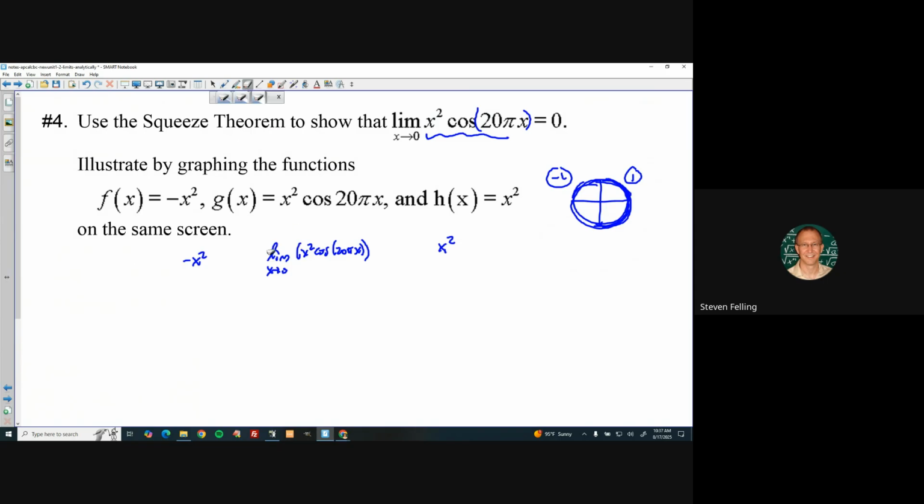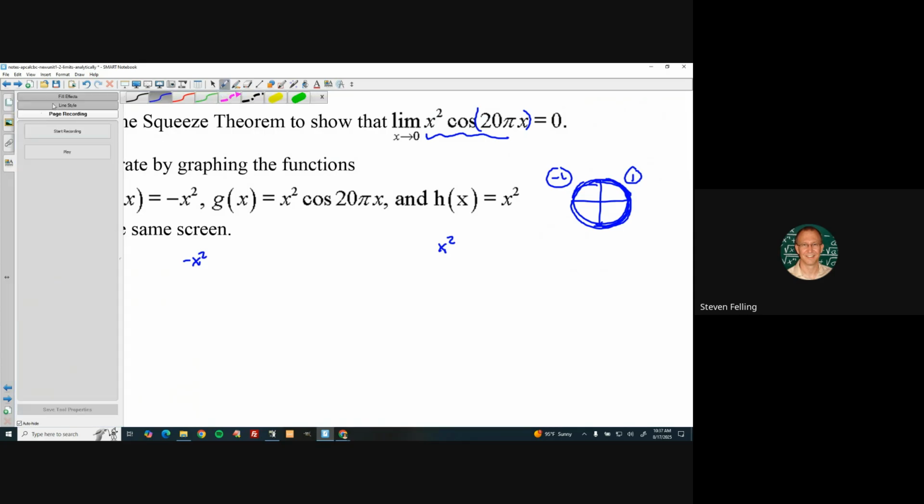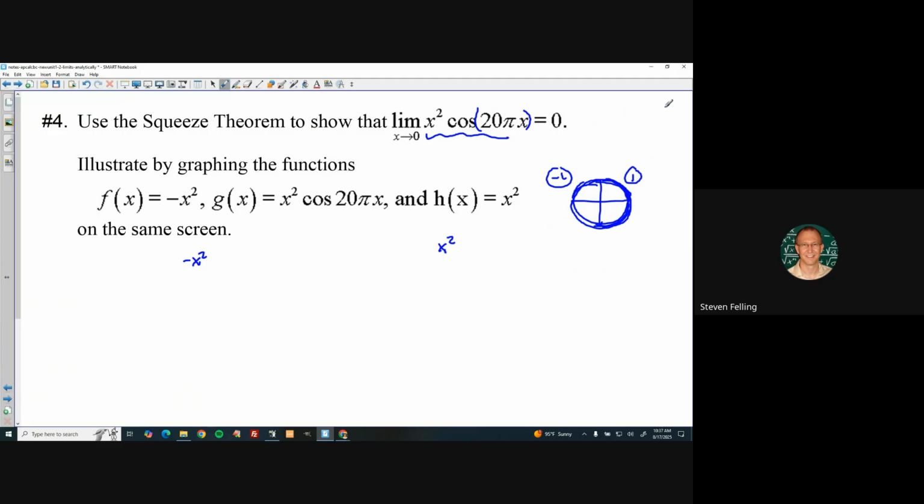So what we can say is, since x squared cosine 20 pi x is less than or equal to x squared and greater than or equal to -x squared, our target function is always squeezed in between this function and this function.